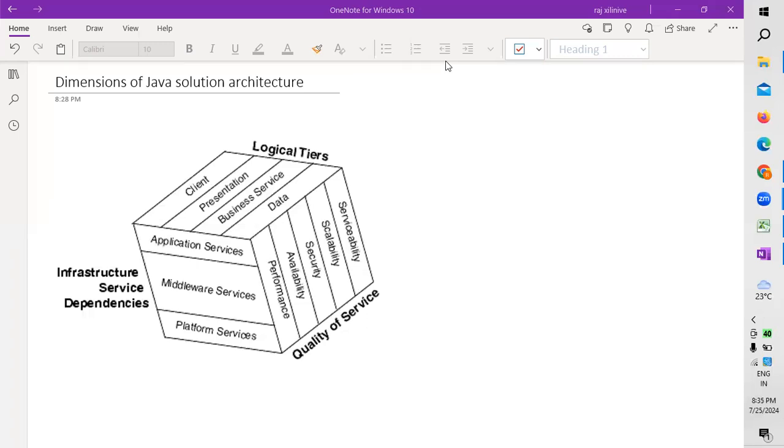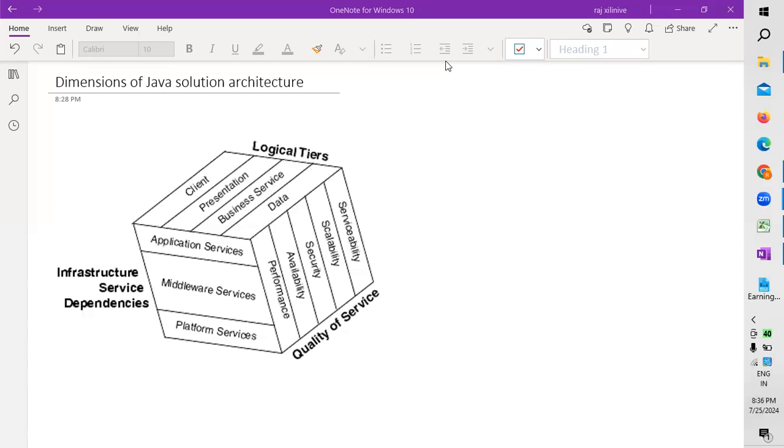When we deploy these things, we must know about the layers in the logical layer. It can be client, presentation, business service, or data. These are the different logical layers in this regard.